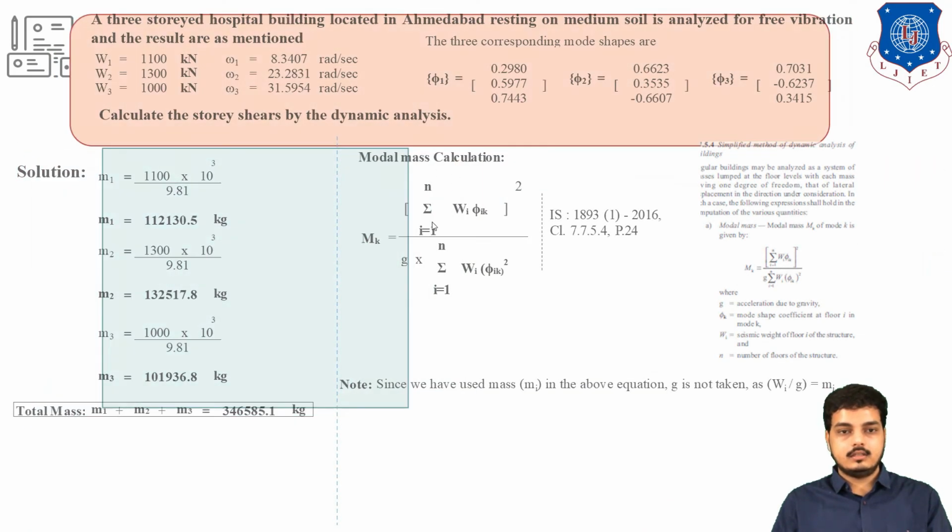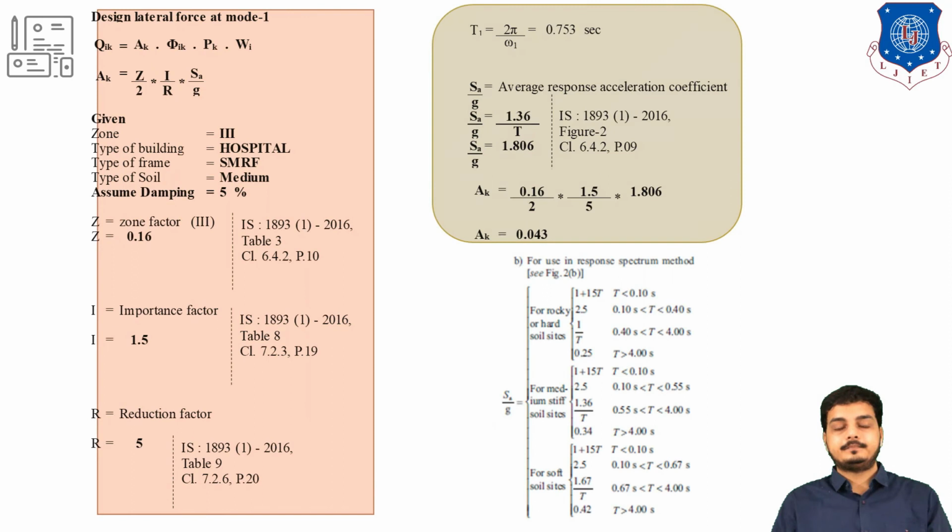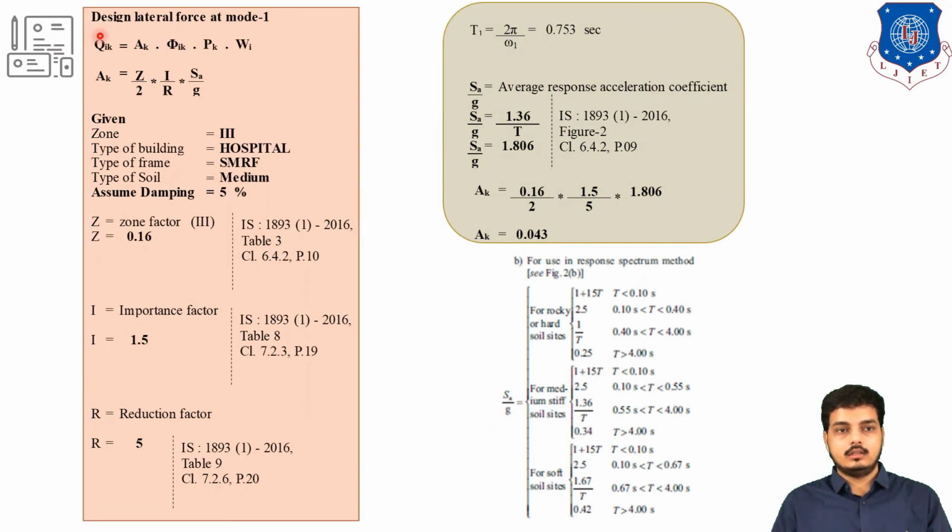Then the modal mass calculation, and with the help of this equation and modal participation we found out the percentage of each. Then we found out the design lateral force for mode 1, which is Qik equals Ak into phi ik into Pk into W. All the values we found out in the steps below.